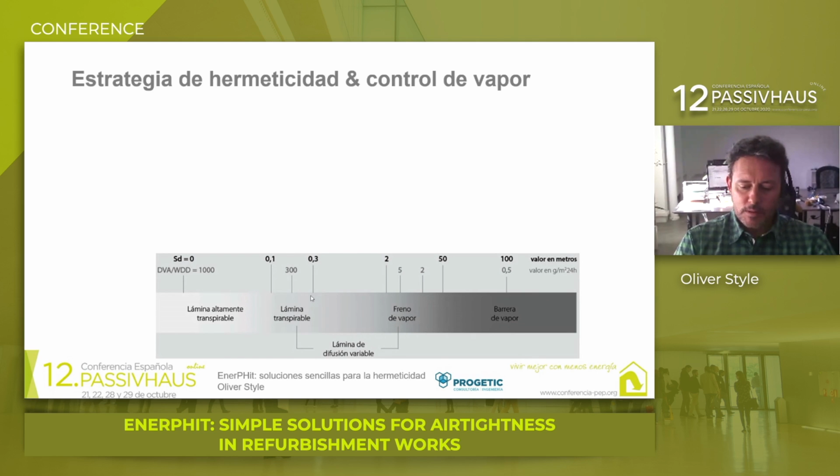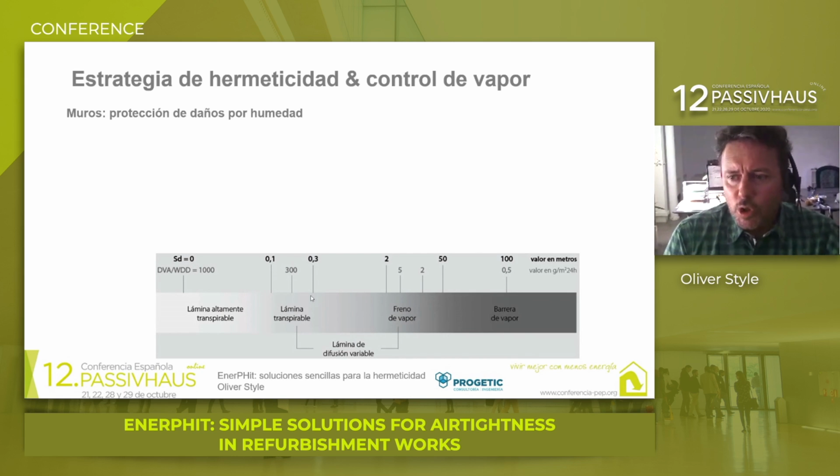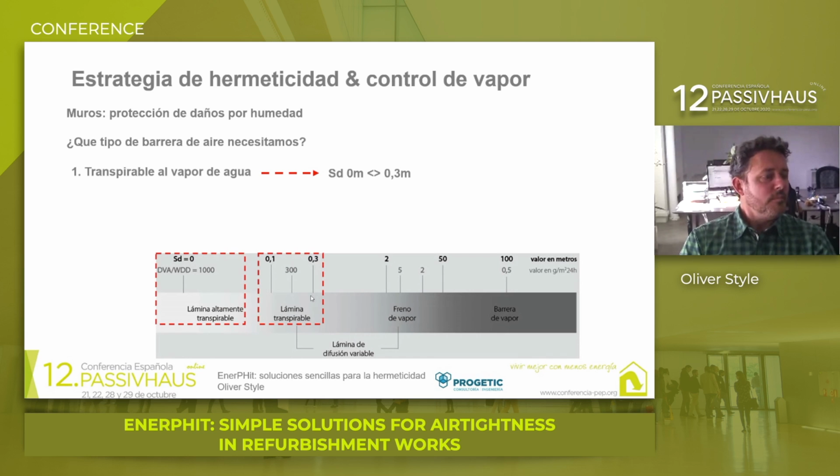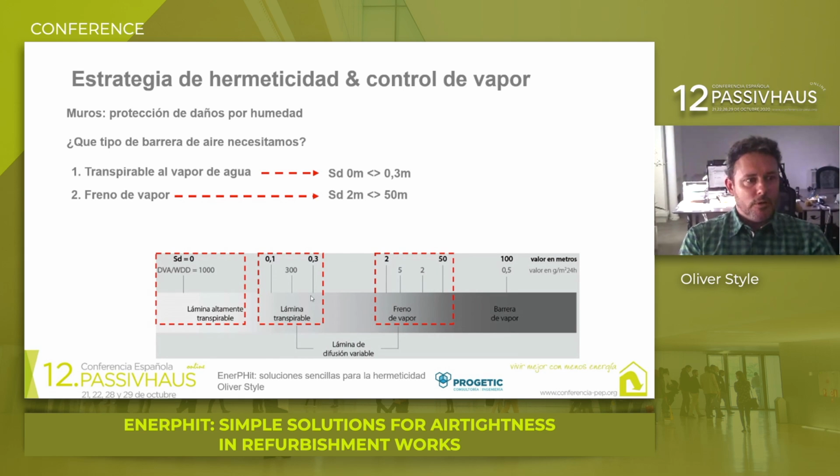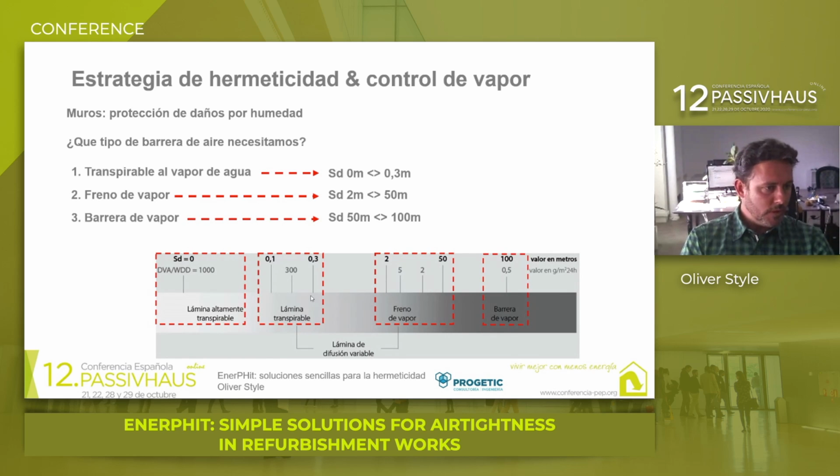So first, to determine which material we were going to use for the air barrier, a series of hydrothermal dynamic simulations were performed with a WUFI tool to check the risk of moisture damage with different air barriers. A permeable or breathable air vapor barrier with an SD of 0 to 3, a moisture barrier, SD of 2 to 50 meters, a vapor barrier 50 to 100, and also variable diffusion panels, normally 0.3 to 25 meters.